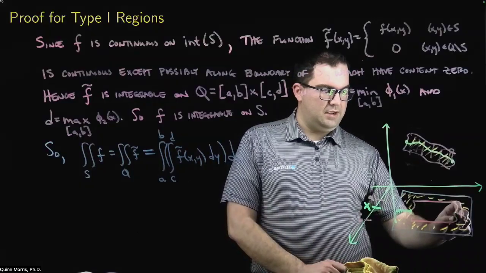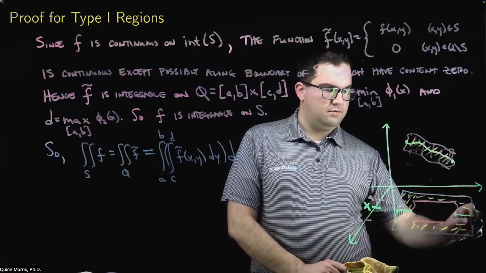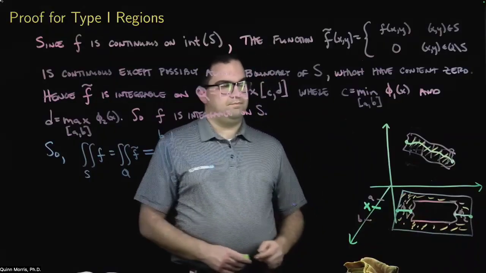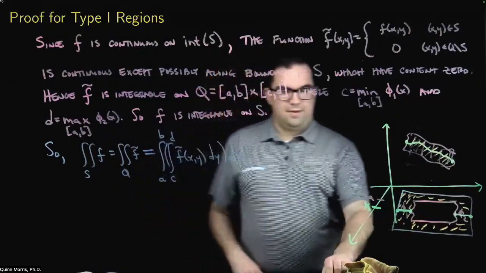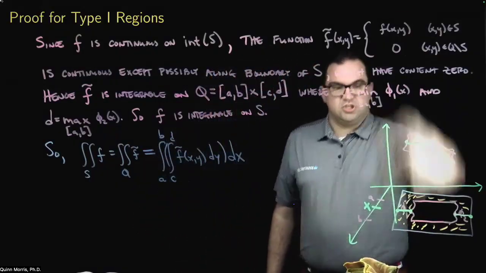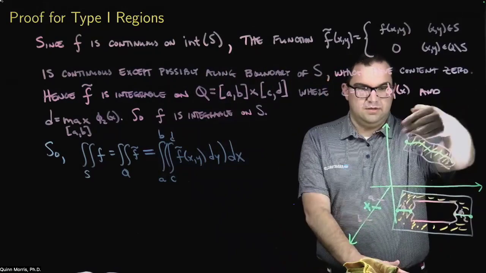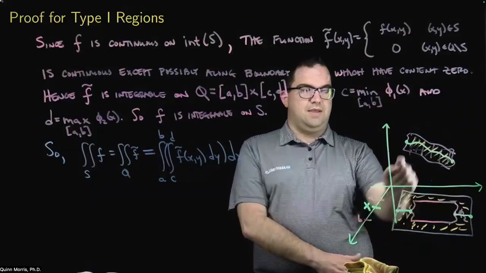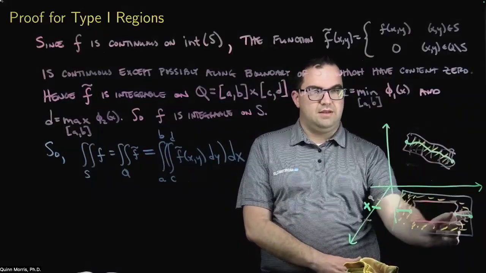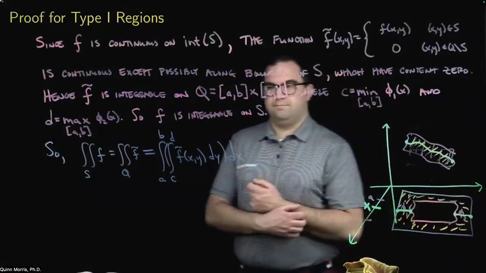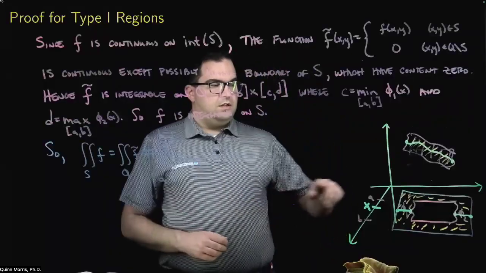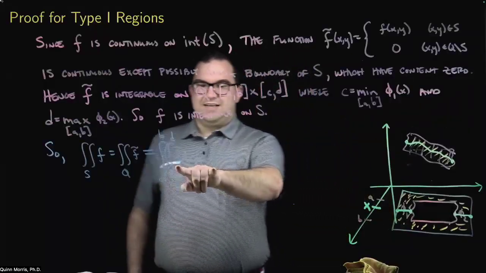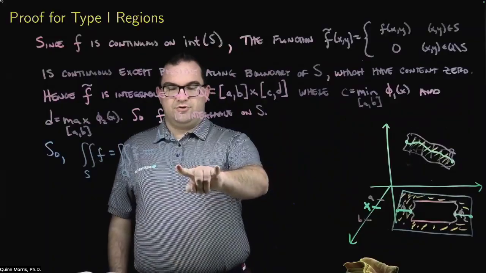And then when I get back down here, it's again just going to be 0. So you think about taking a plane and slicing down through this, and you get a constant 0 line segment, a little function, and then another constant 0 segment.